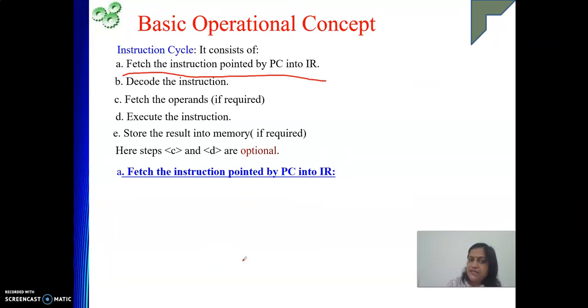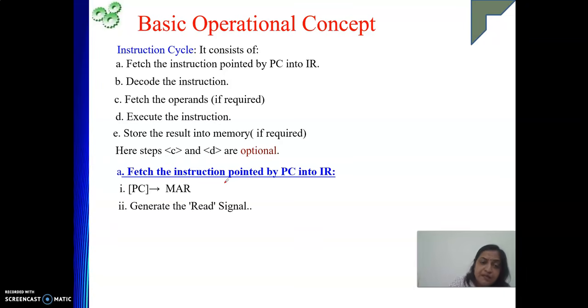See it quickly once again. We fetch the instruction pointed by PC, ultimately into IR. First I give the content of PC to MAR, because only MAR can point to your memory; the direct connection is with MAR. Then I have given the address, and I will get from that address. That means the read signal.